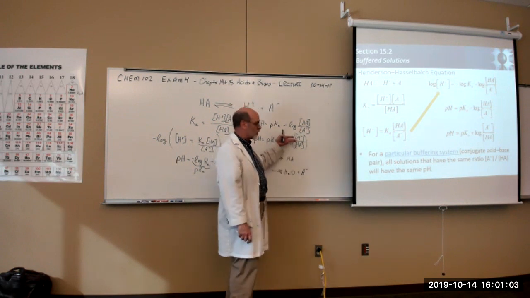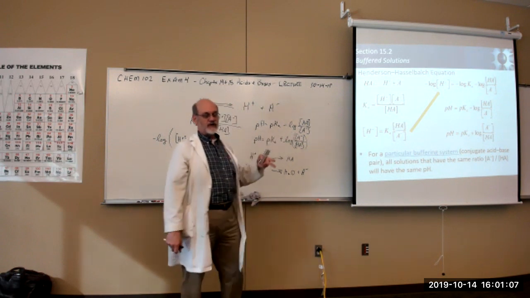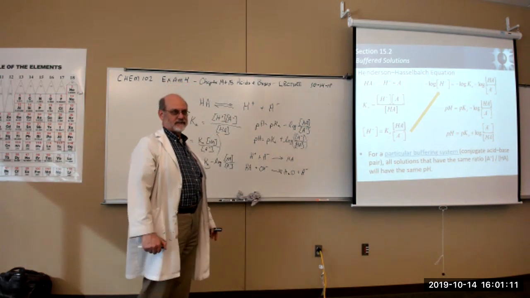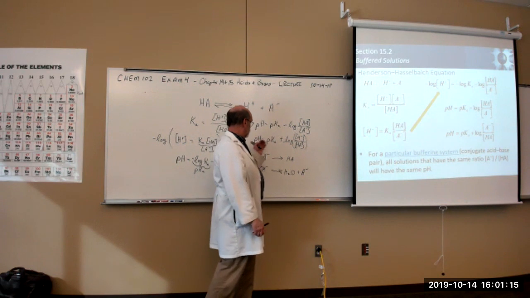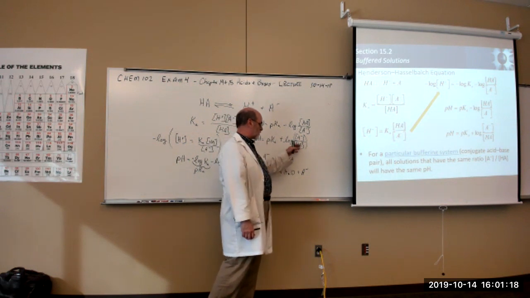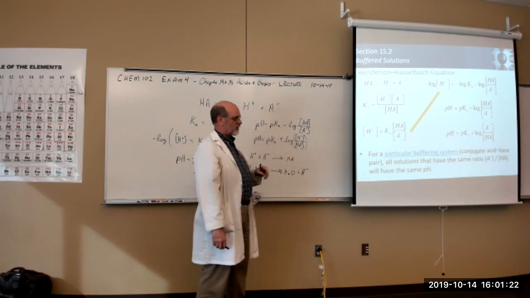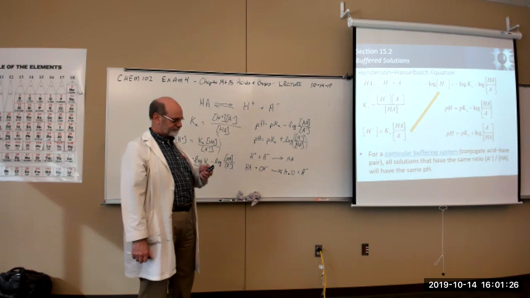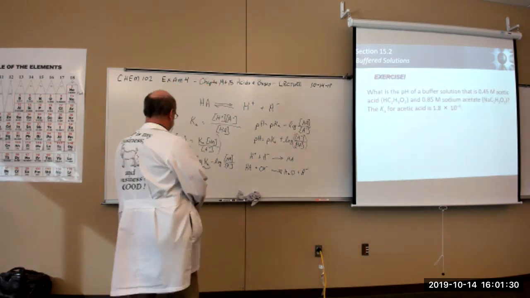So if you go too high with these, you could create a hyperosmotic situation around cells, and that would be deadly. So those are considerations. Theoretically, the pH would be the same no matter what the concentrations were, as long as the ratio is the same. But there are other considerations that you have to consider sometimes. Okay.